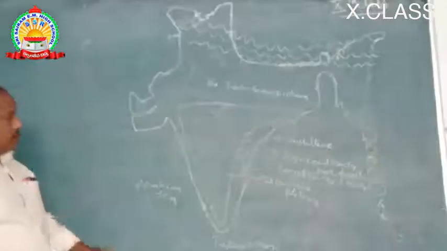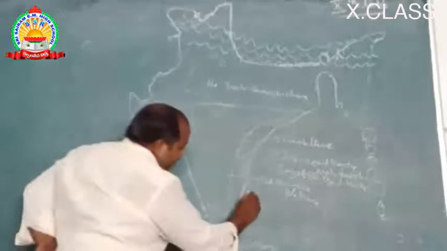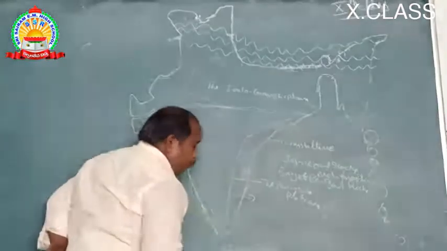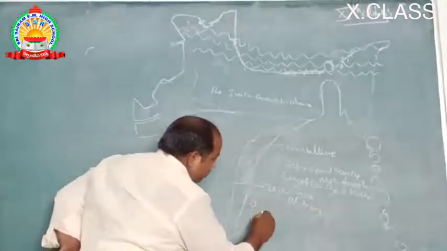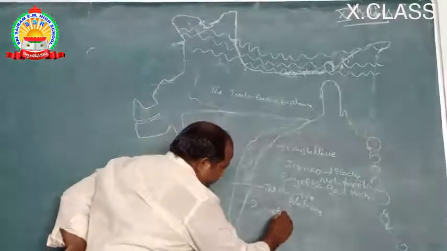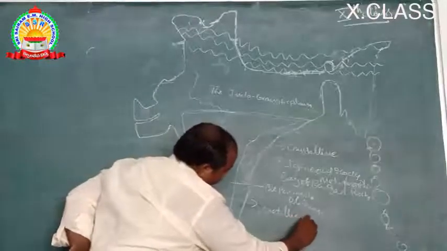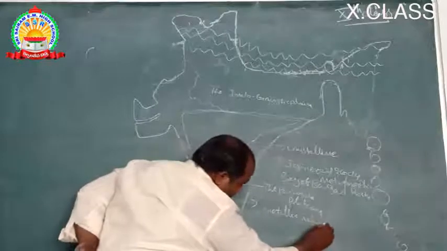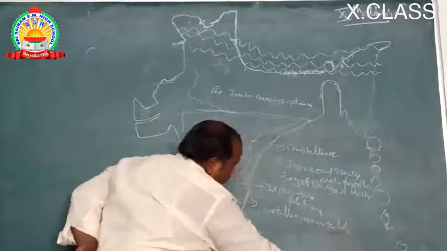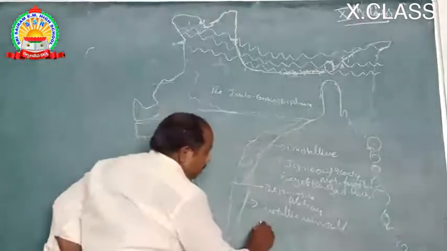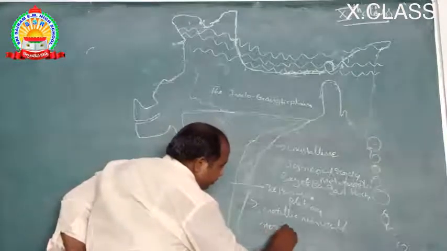There are also some kinds of minerals. Both types of minerals are there: metallic minerals and non-metallic minerals.